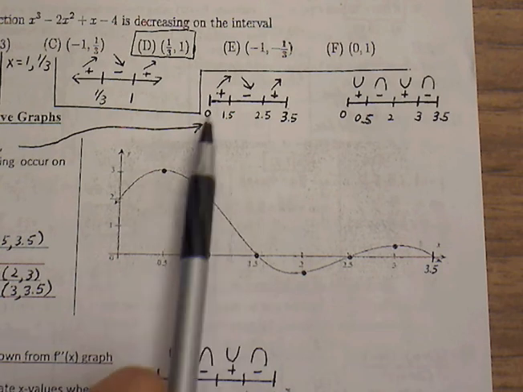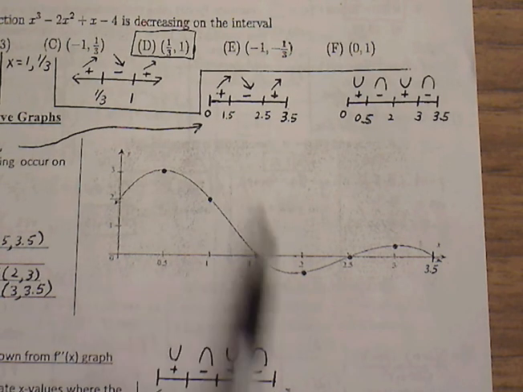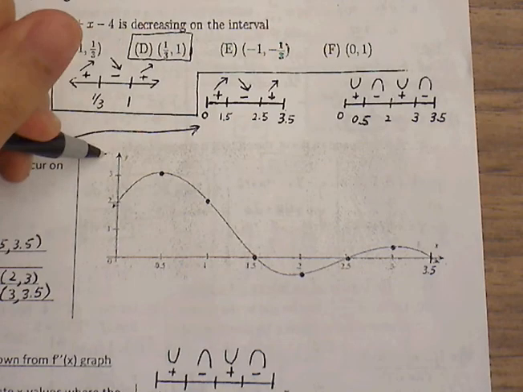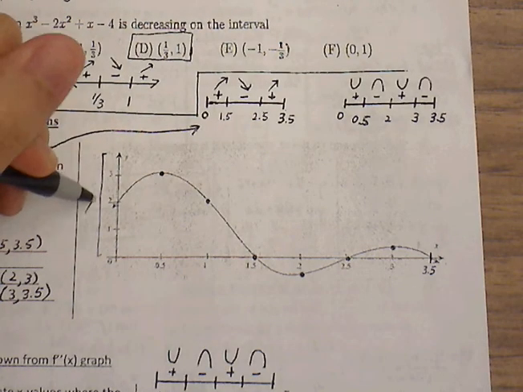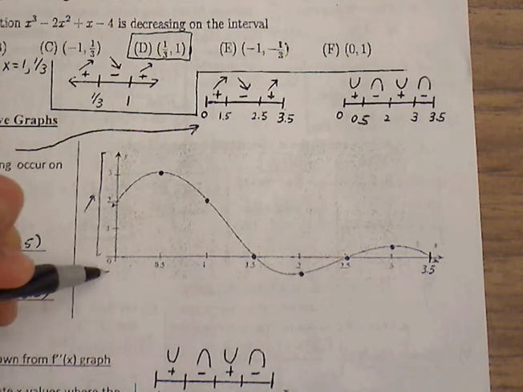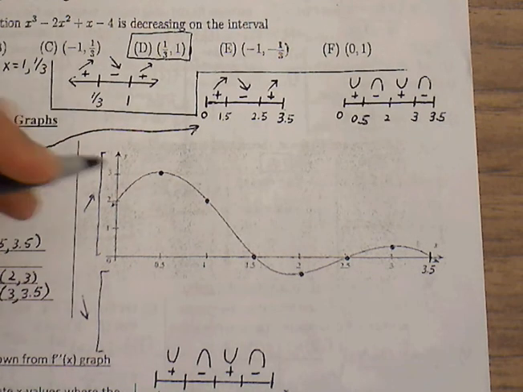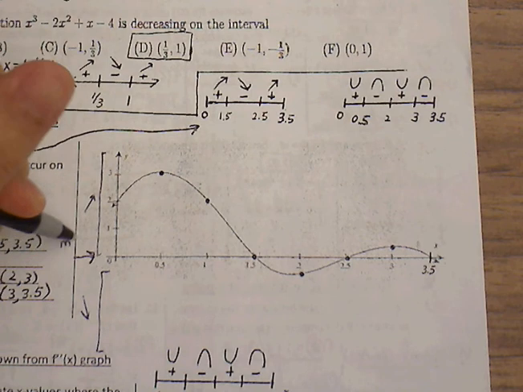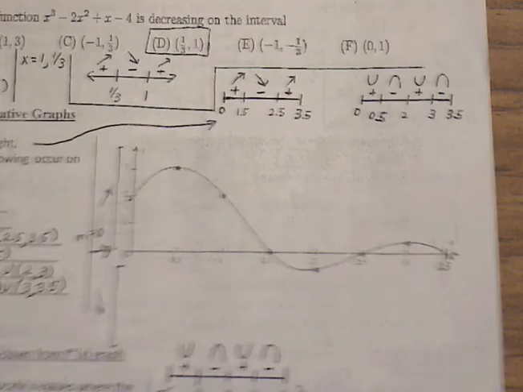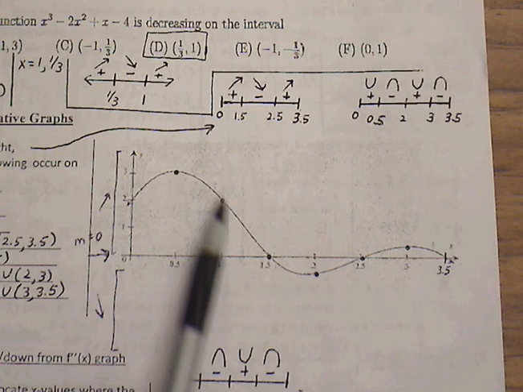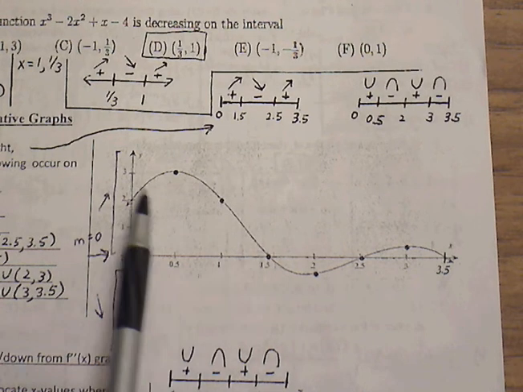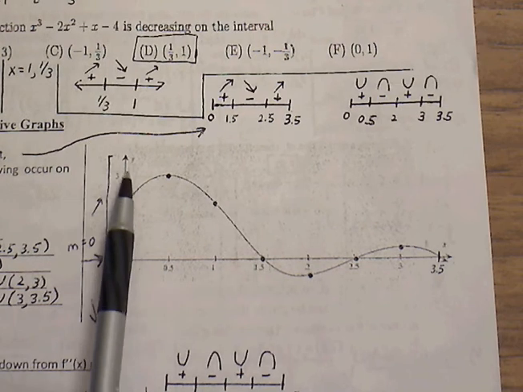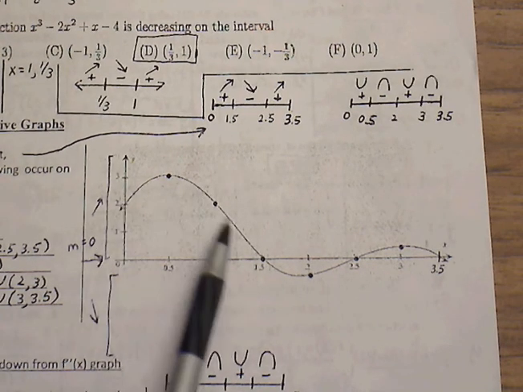We put them on the slope sign line. Anything above the x-axis represents positive slope, anything below the x-axis represents negative slope, and anything on the x-axis represents where the slope is 0. Okay. So in this interval, the slope may be changing, but this portion of the graph is above the x-axis.